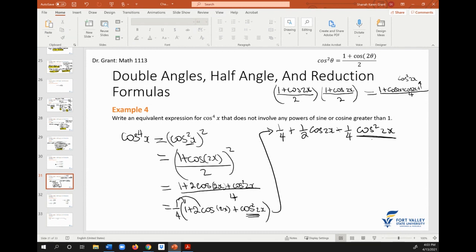So now I can rewrite this cosine squared 2x. So we'll use this reduction formula again. We'll have here 1/4 plus 1/2, just writing in the first few terms. So this becomes now 1 plus cosine of 2 times 2x, because this is my theta, divided by 2.